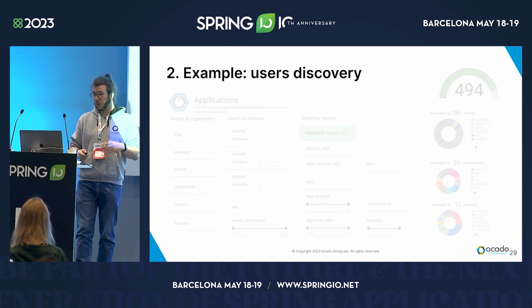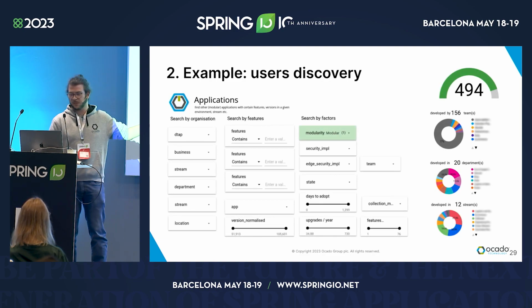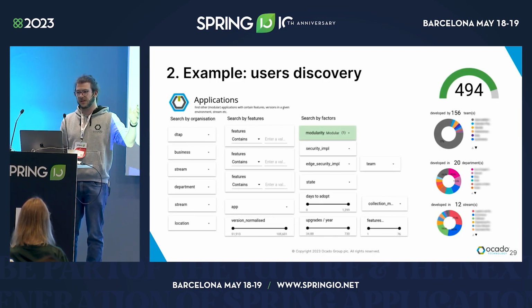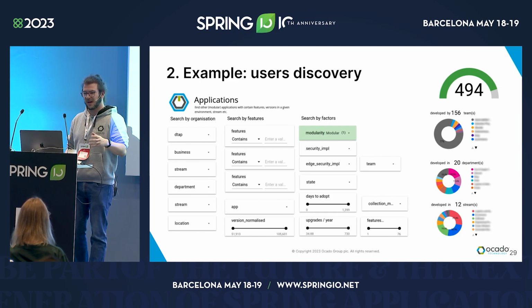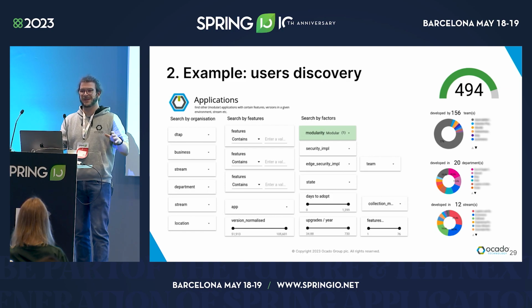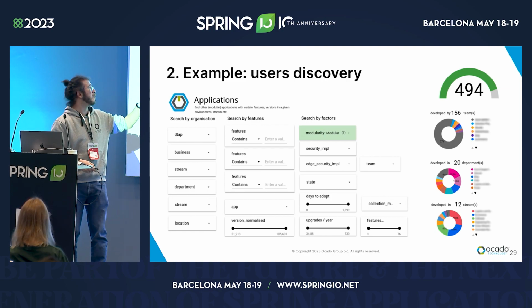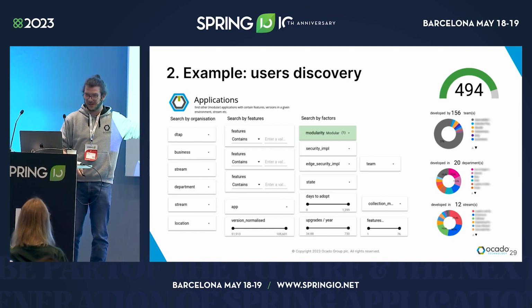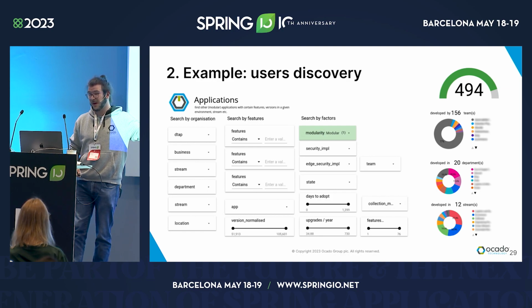And to do that, we use this dashboard, for example, which works as a filter. At the beginning, without any filter activated, we have the full number of our applications, almost 500, including dev environments.